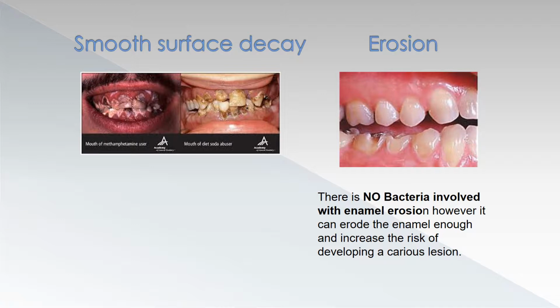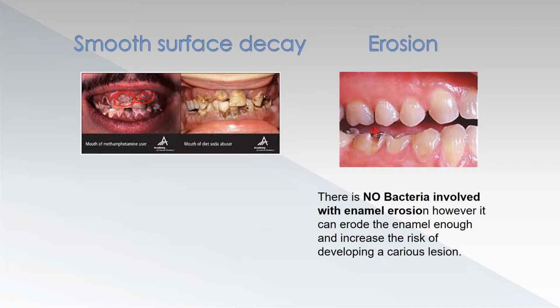You can see in this meth mouth that the decay is along that cervical third, and that is smooth. Oh, sorry, that circle went off a little bit. But that's on the smooth surface of the tooth. Now, pit and fissure decay, you can see there's a little filling right here that goes right on that occlusal surface, into the pits.